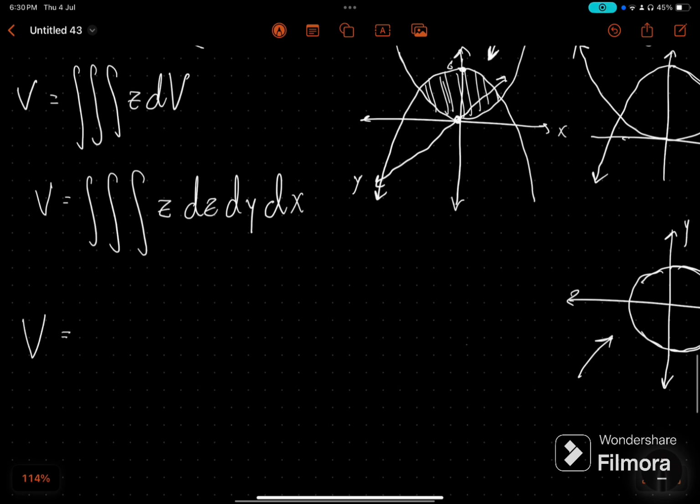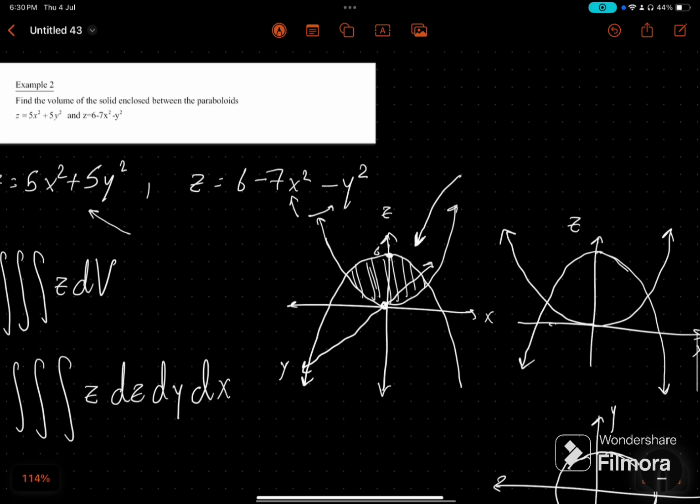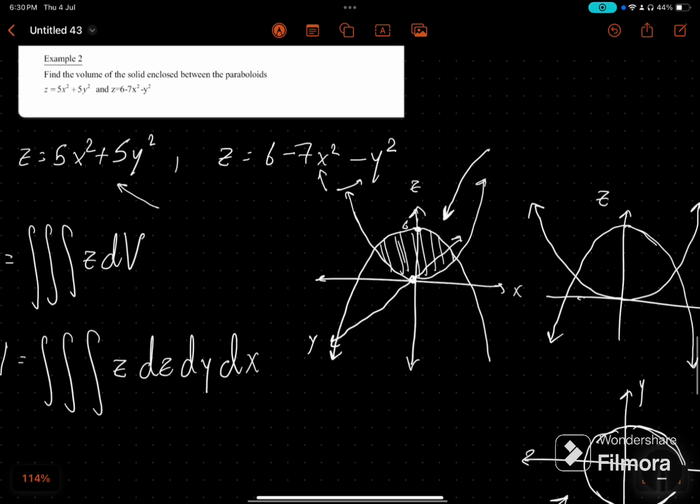Basically we already did it. We did this to identify which surface is down and which surface is up.